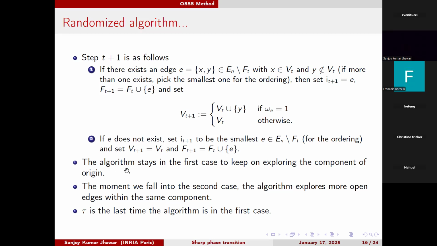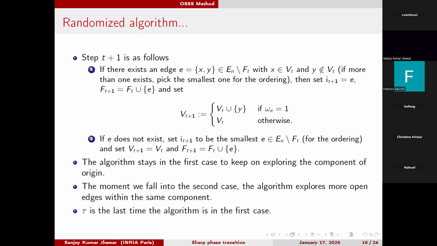The algorithm is about keep on exploring the component. Using this set of algorithms, you can explore the connected component from the origin.